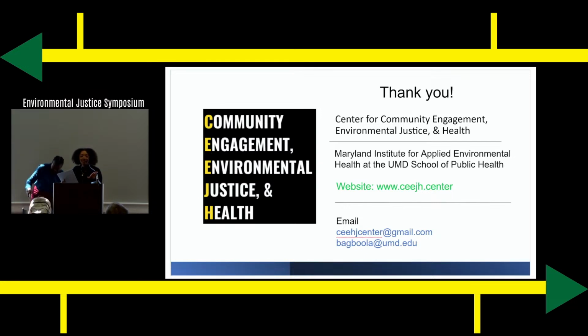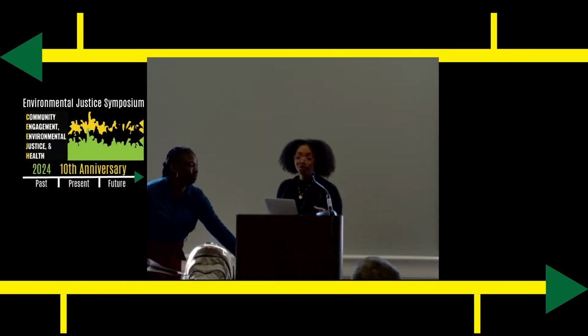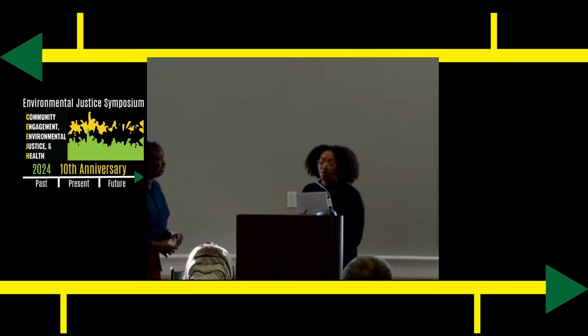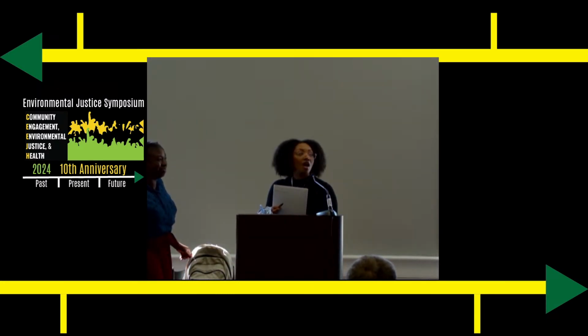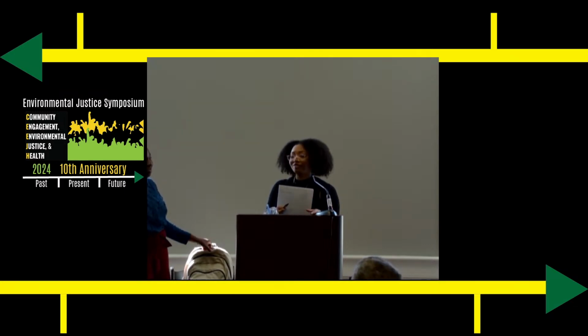Good afternoon, everyone. My name is Taylor Howard. I'm a graduate student at Florida A&M University, and my thesis research is evaluating risk perception and public perception on environmental justice screening tools, specifically the EPA's EJSCREEN, which we just saw a wonderful demo of today.